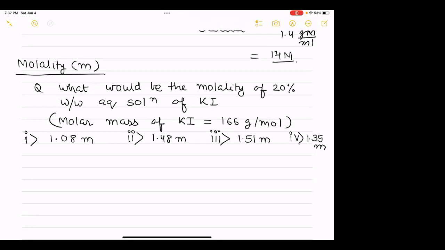So again, the percentage is given and I can take the total mass to be 100. And that can make our life very easy, right?